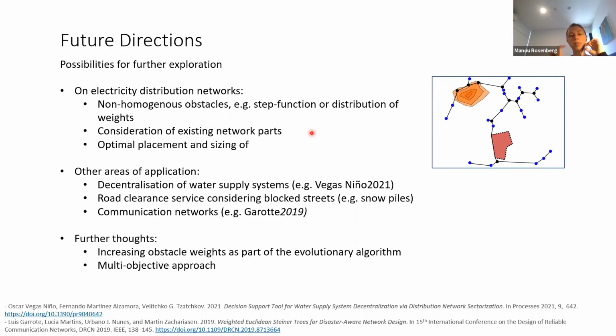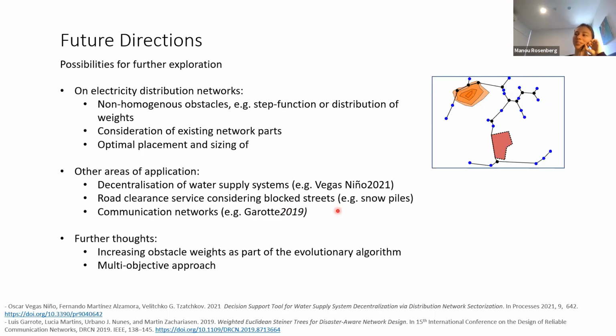Let's say we have some network parts that are already there and that aren't very old, so it might be cheaper, instead of removing them, to keep them. The good thing about an evolutionary approach is that it can be adapted to those considerations. And we can also within the cost function implement a way to determine the optimal placement and sizing of the generation sources in the interconnected parts.